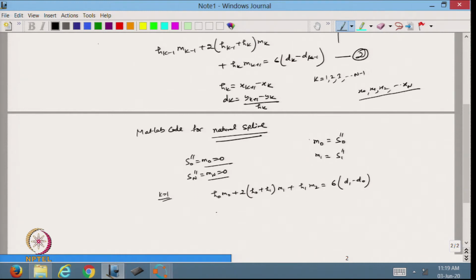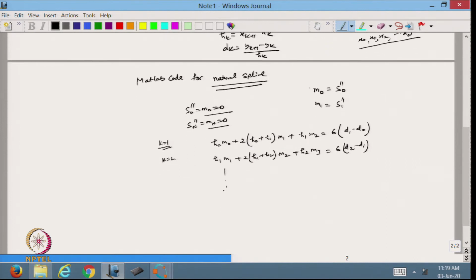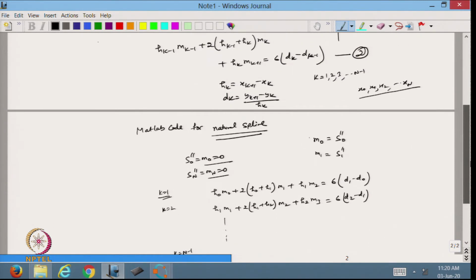The next one will be k equal to 2. It will be h1 m1 plus 2 times (h1 plus h2) m2 plus h2 m3, which is equal to 6 times (d2 minus d1). I can continue with this, and in the end I put k equal to n minus 1. So what will I get?